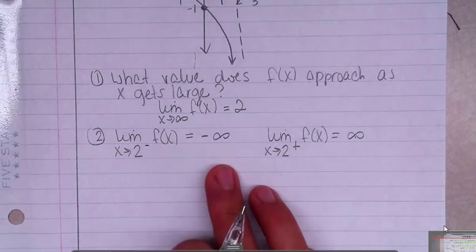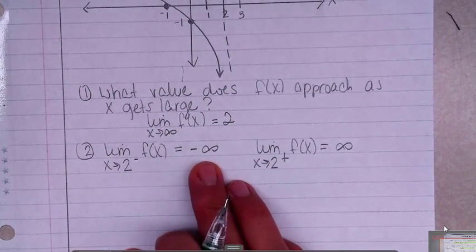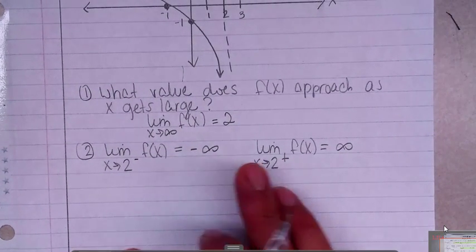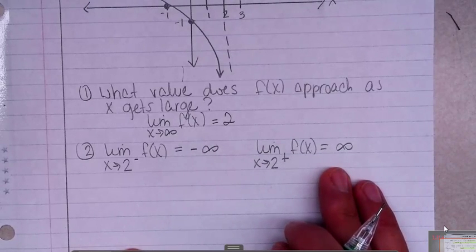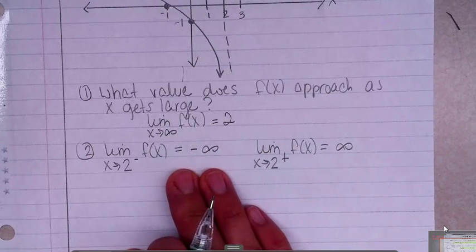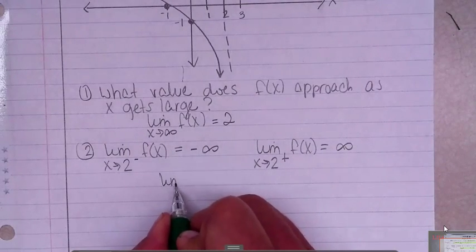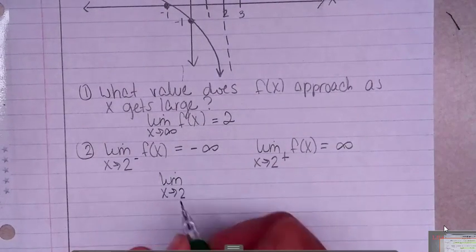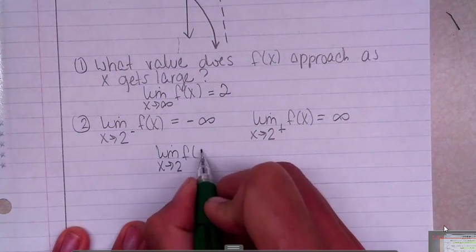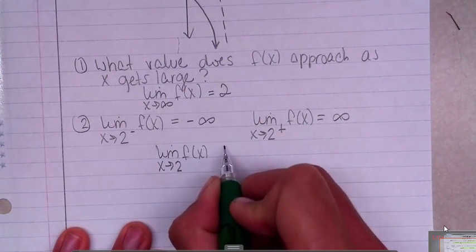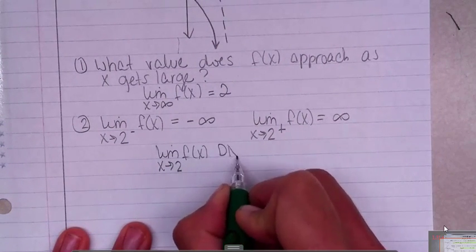So do I have a limit that exists here? If on one side we're going to -infinity and the other side we're going to positive infinity, so getting super small, super big, then we can say that the limit as x goes to 2 of f of x basically does not exist.